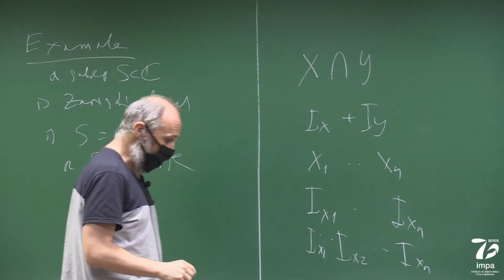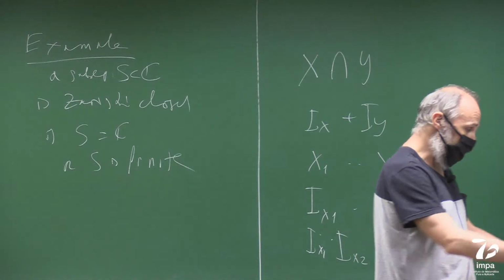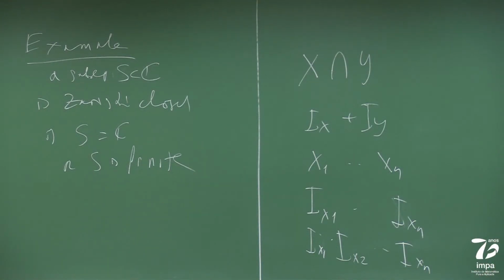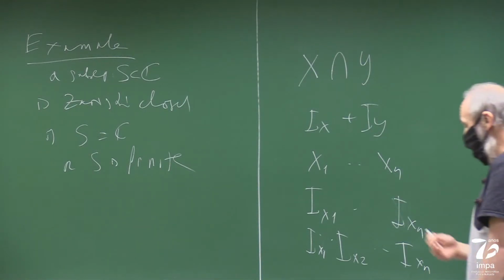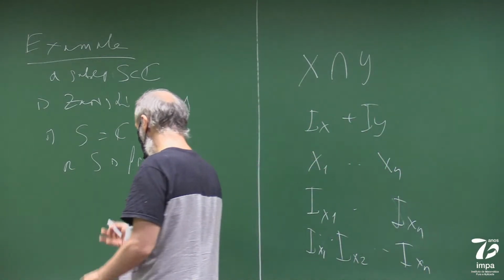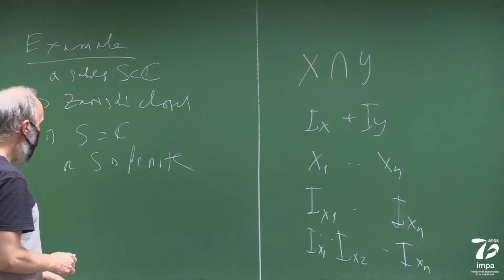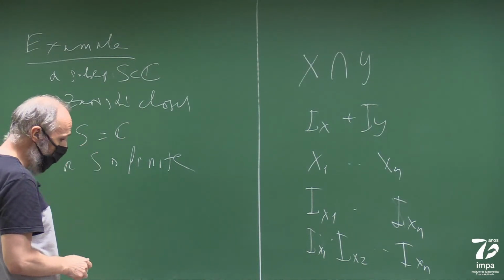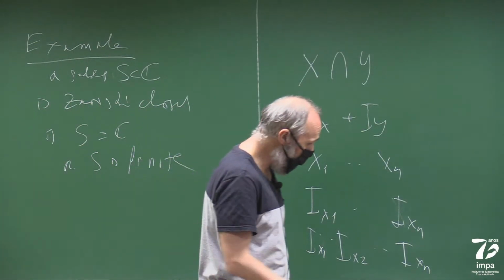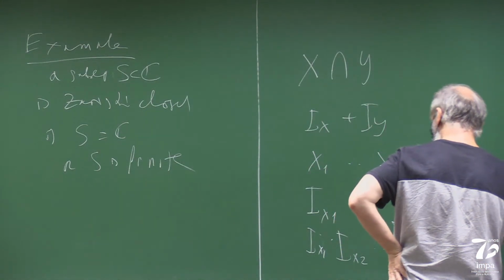If you have a finite set, it's a zero set of a certain polynomial: you take the polynomial, the product of (T minus a_i), where the a_i run through your finite set. And if it's the whole C, it's just trivial. It's also Zariski closed. It's algebraic.